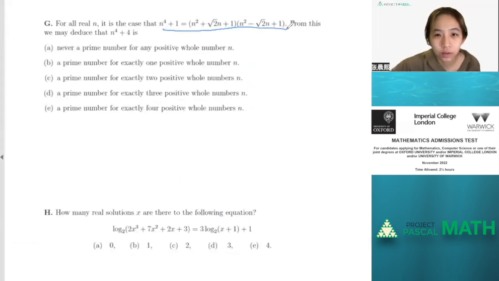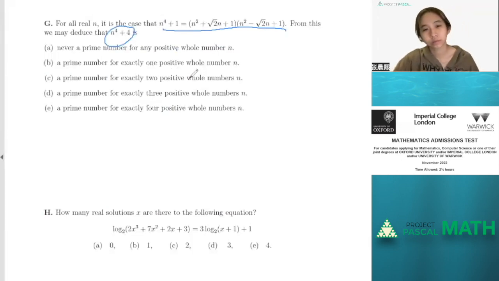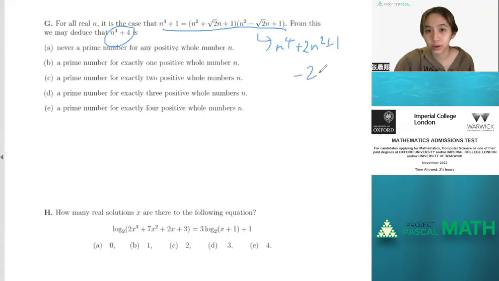Okay, so it's like n to the power 4 plus 2n squared plus 1 minus 2n squared.